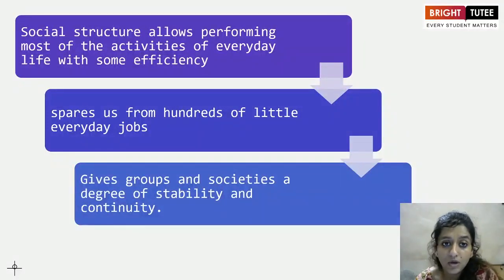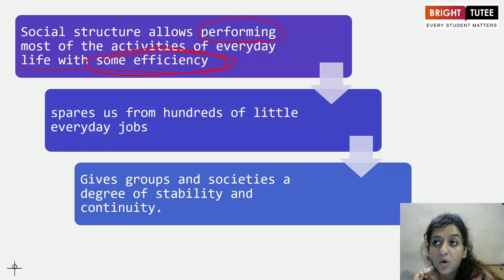Now, talking about the social structure, they say that social structure allows performing most of the activities of everyday life with some efficiency. You do have a set plan in your mind, a set idea, set norms and rules in your mind about what you are supposed to do.